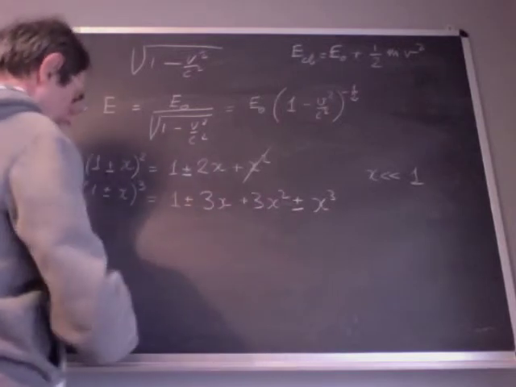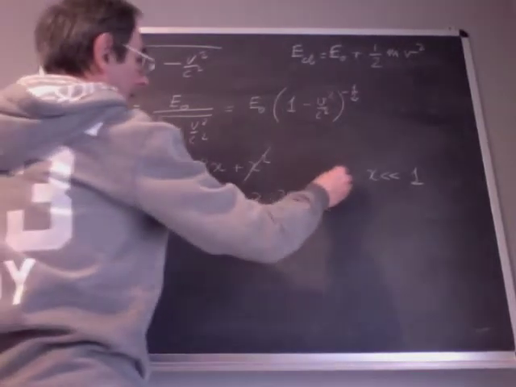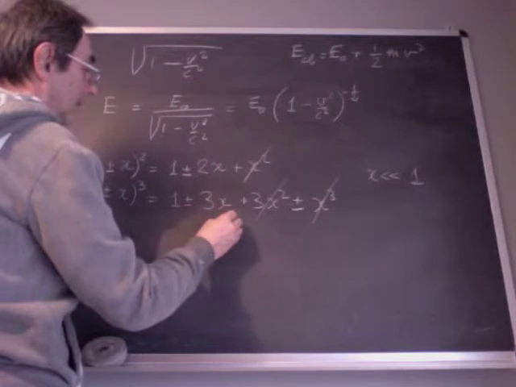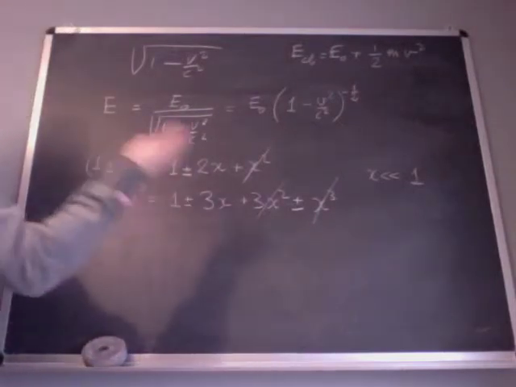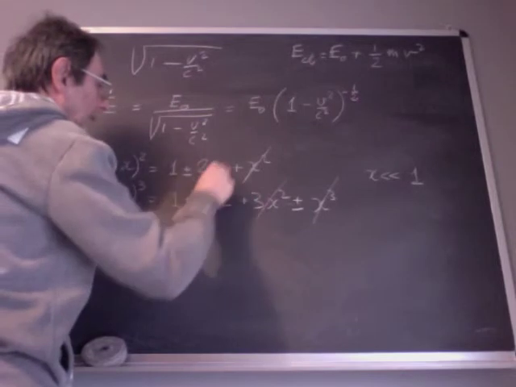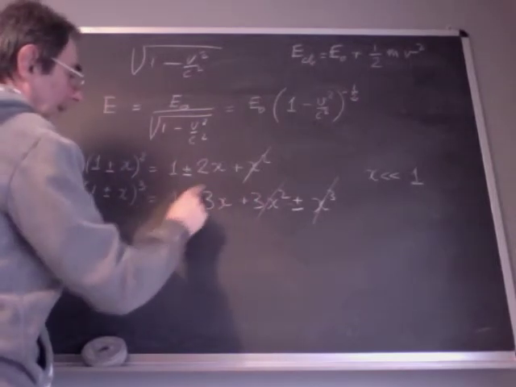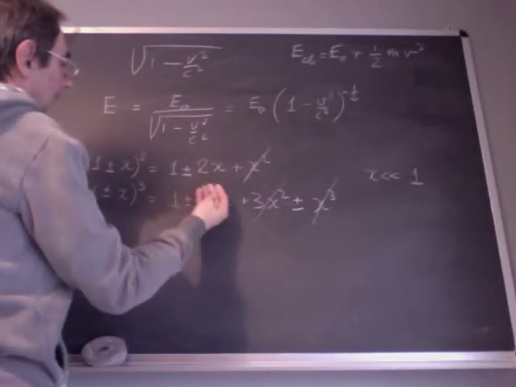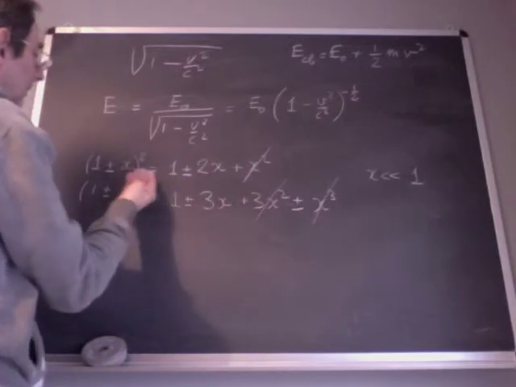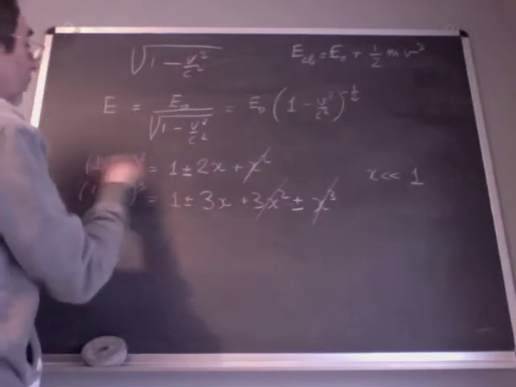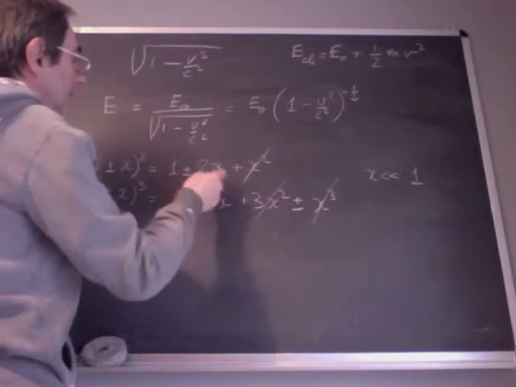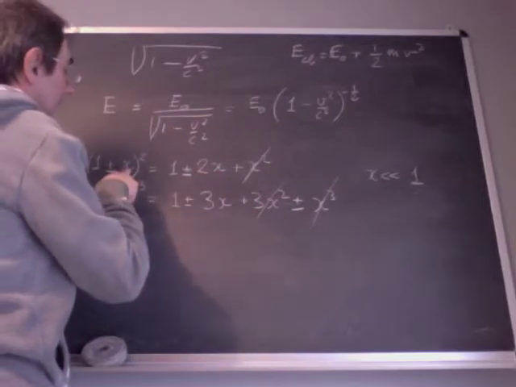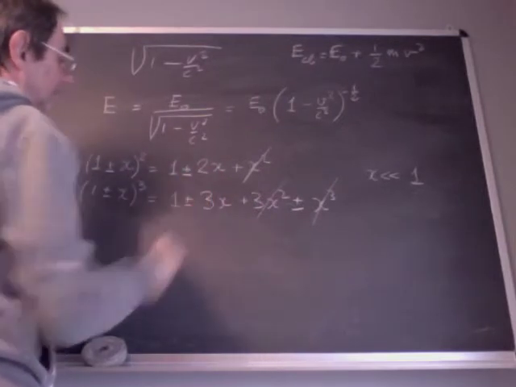What about the cube? Here, obviously, you can neglect this, and you can neglect this as well when compared to this term here. Okay, you could say, yes, but also this term is much smaller than 1, and the same for this. But if I cancel this as well, I have a trivial expression that this stuff here is almost 1. I know that it's almost 1, but I need to maintain some information related to the second term. So I have to maintain at least the first element.